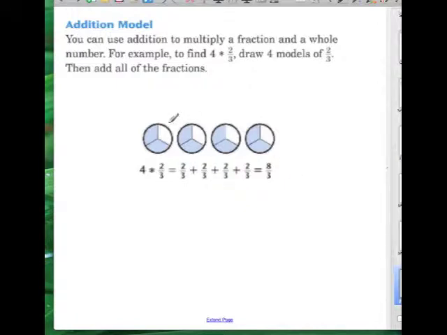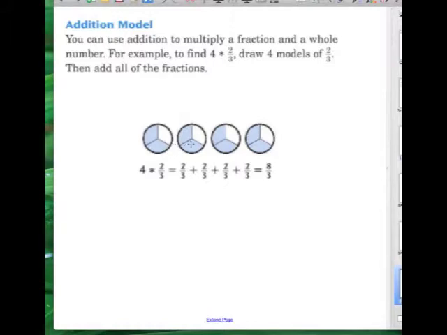Another model we can use is the addition model. You can use addition to multiply a fraction and a whole number. For example, to find 4 times 2/3, draw 4 models of 2/3, then add all of the fractions, because, as we said, multiplication is repeated addition. So what they did was they drew 4 circles to represent the 4.